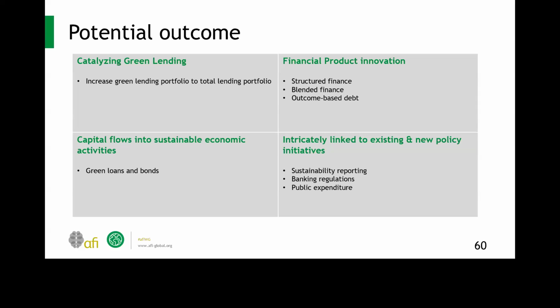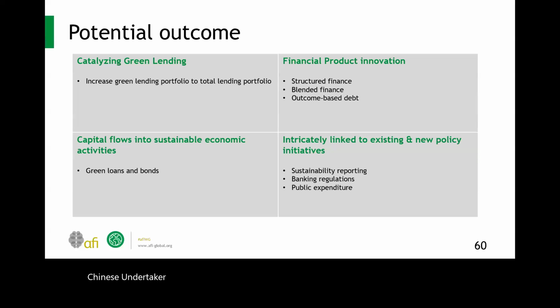Then there's financial product innovation. Because there's an increase in lending, you would also see an outburst of new forms of lending related to sustainability or green financing. Concepts like structured finance, blended finance, outcome-based debt related to sustainability would start to take shape in a market and become a reality.